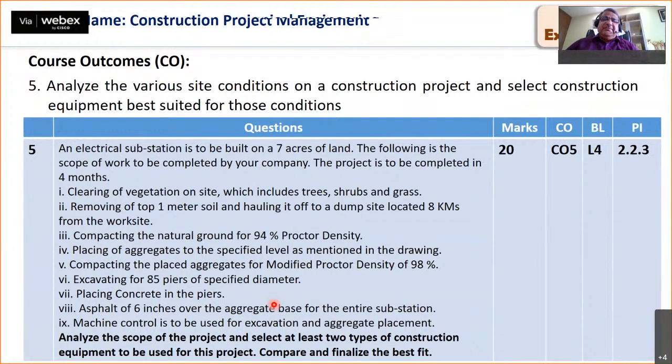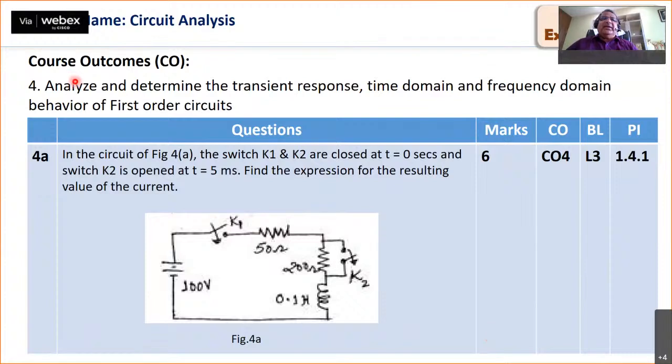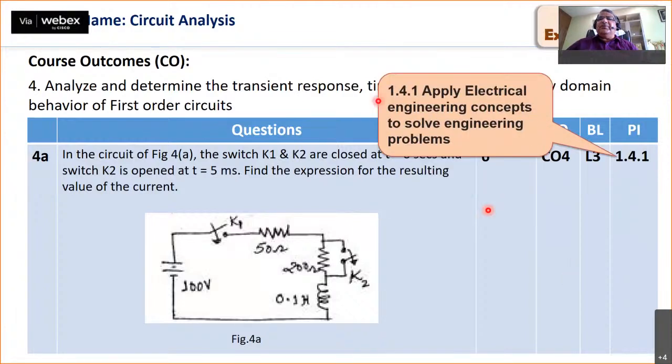Construction project management, a very big problem, 20 marks. It is at L4 level, some analysis required. It is 2.2.3 because it uses identifying existing processes and solution methods for solving the problem, including forming justified approximations. Analyze and determine: an L3 level question, easily you can understand. 1.4.1 because it uses electrical engineering concepts to solve.